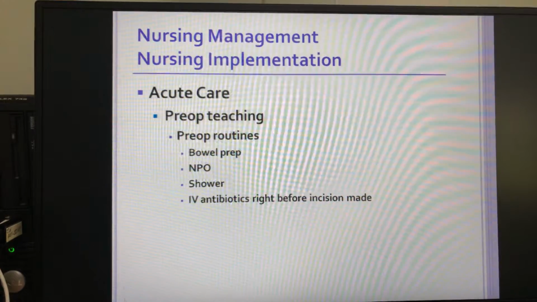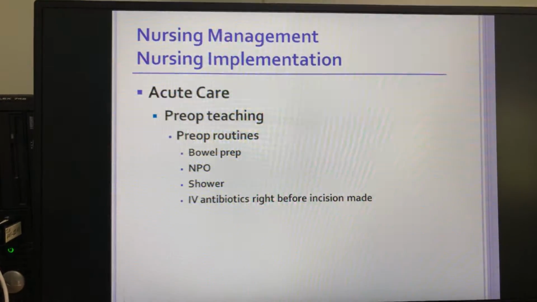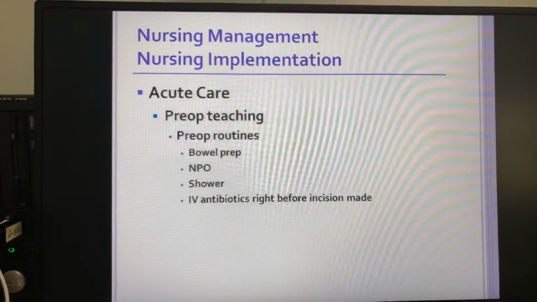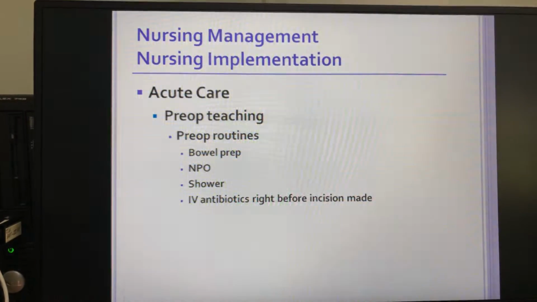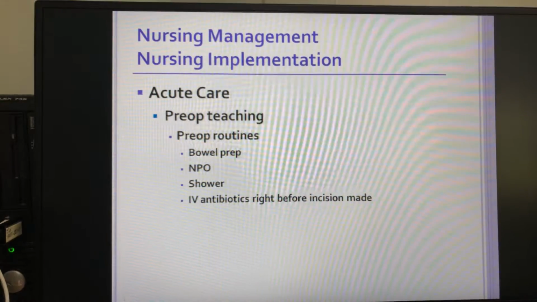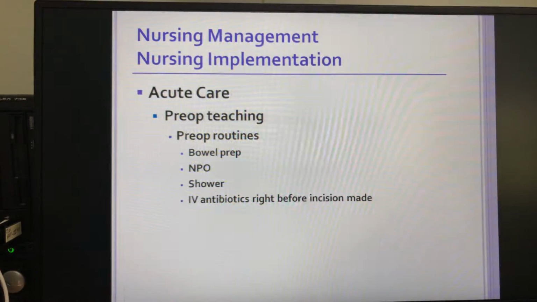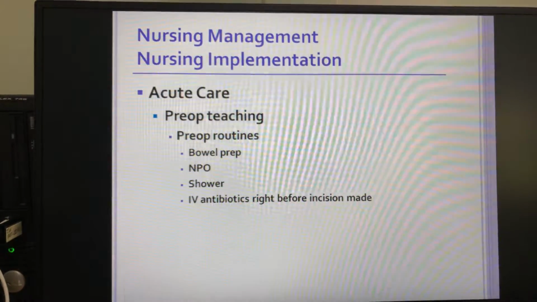Pre-operatively, although pre-op routines may vary from institution to institution and from surgeon to surgeon, there are some general things that we will do. One, doing routine bowel preps before surgery.